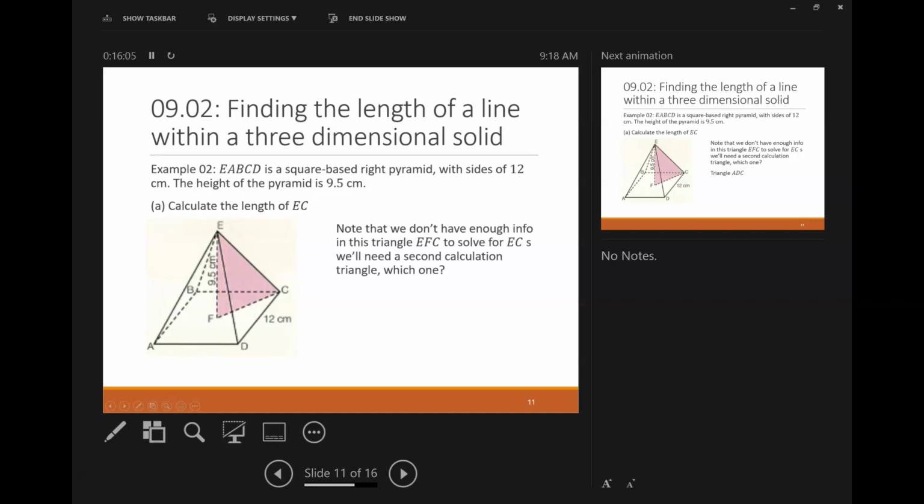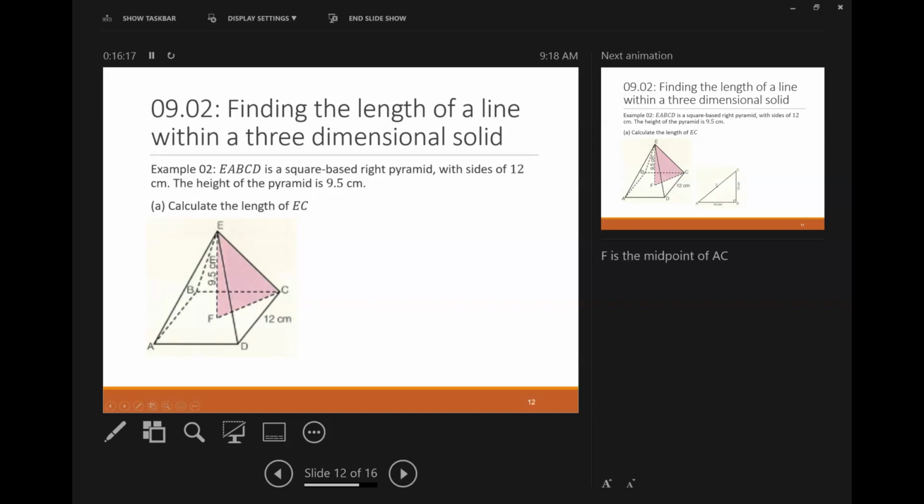What I would do is I would look at the triangle FCM, where M is the midpoint of this side CD. Or you could think about it this way. This is what I did in my picture: I did the triangle ACD. And again, if this is a right figure, F is the midpoint of this side AC.